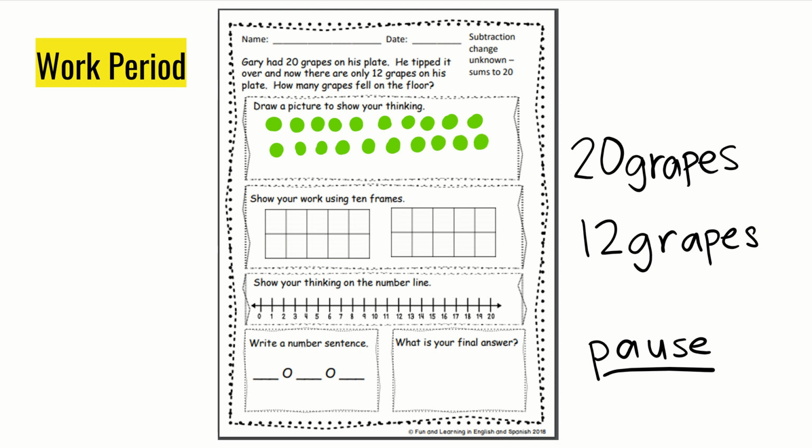Okay, so our problem told us that we have 20 grapes. And then it told us that he dropped some on the floor. But we don't know how many. But we do know that at the end, he had 12 grapes left. So I'm going to circle 12 grapes because that's going to show me how many grapes he still has.